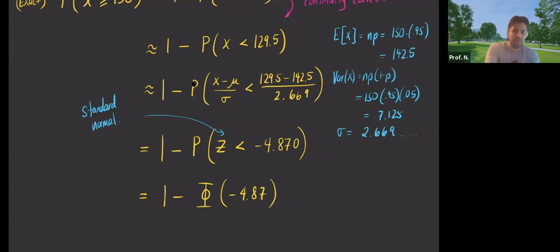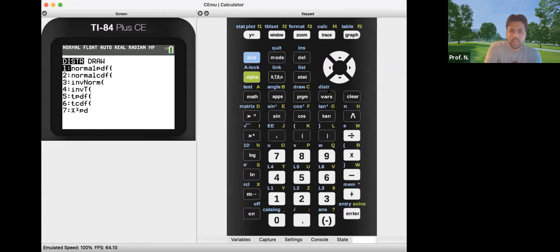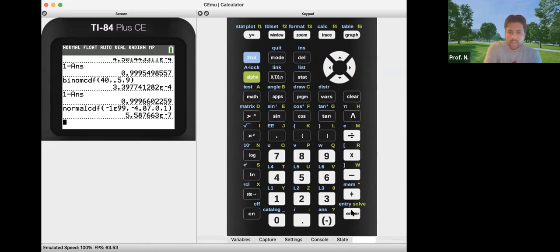And then we can use our calculator for that. We can go to second vars, normal distribution, from negative all the way to negative 4.87. This will be a tiny number. Then you do 1 minus that, and that will produce a really large probability.